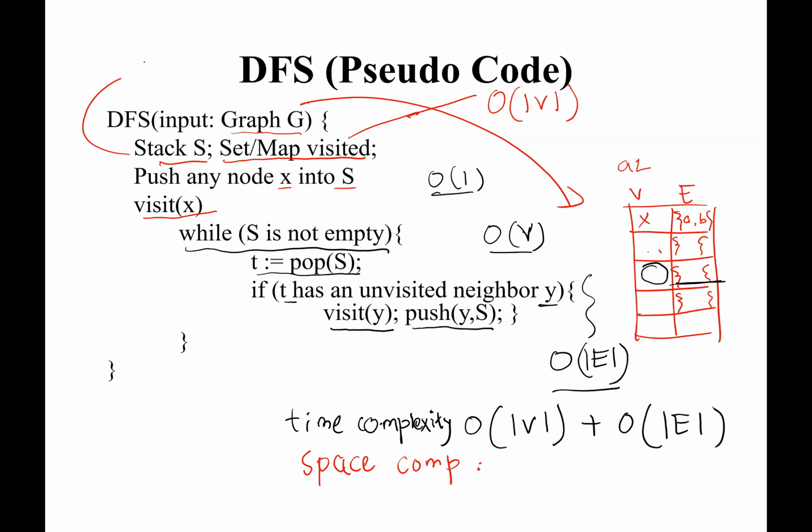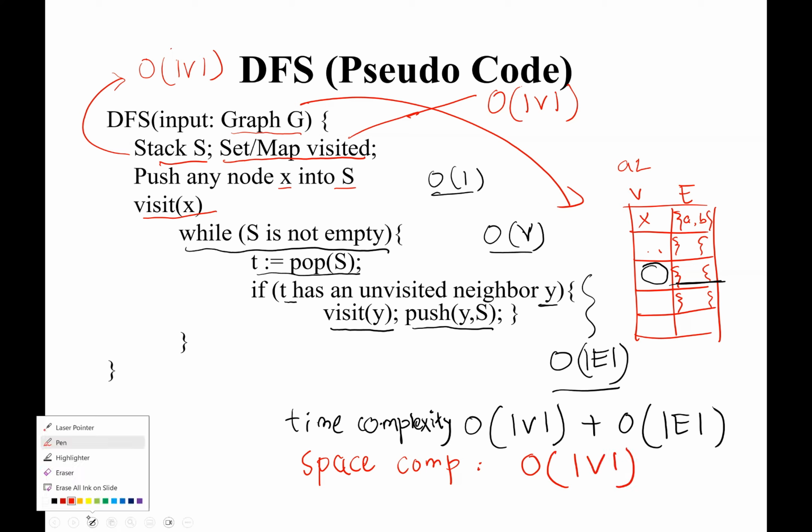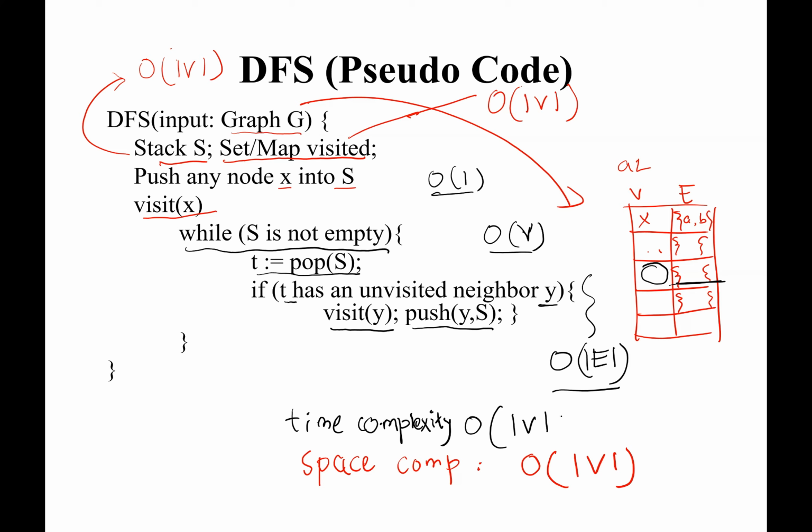And the stack also may at some point contain V vertices. That means the space complexity is order of V. We can also rewrite this as order of V plus E. So there goes the time complexity and the space complexity of the DFS algorithm.